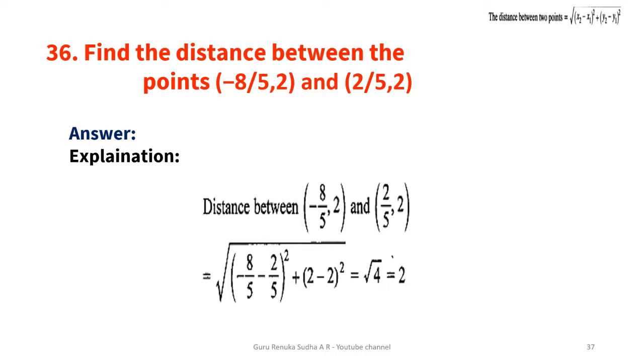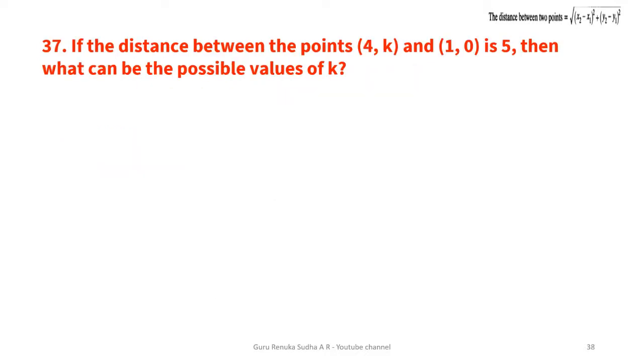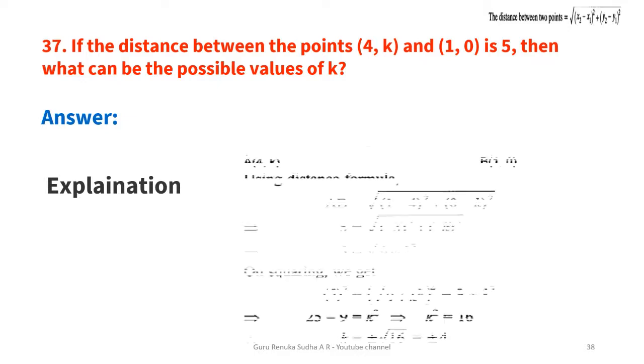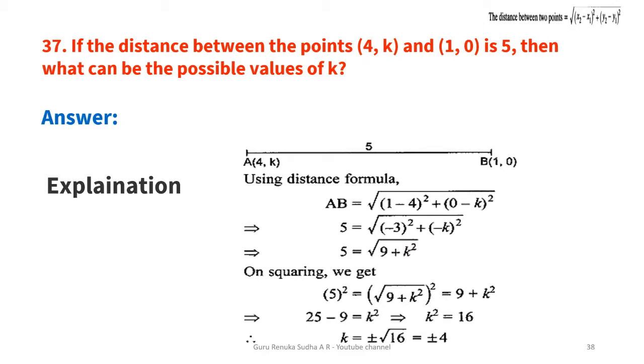Next, 37th: if the distance between the points (4, k) and (1, 0) is 5. Substitute in the distance formula, then you can easily get the answer, that is 5 is equal to root of 9 plus k square. Squaring on both sides you will get 25 equals 9 plus k square.